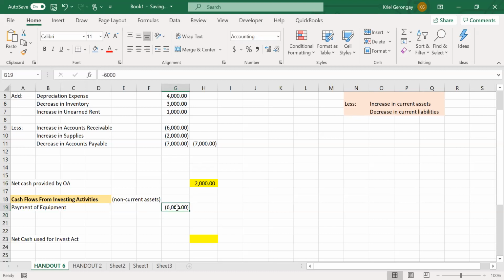The reason is that we have to pay cash to buy new equipment. In the balance sheet, your equipment increased by 6,000 from 2019 to 2020, so we're assuming we purchased new equipment for 6,000. That's why this is negative, because we use cash. Okay.